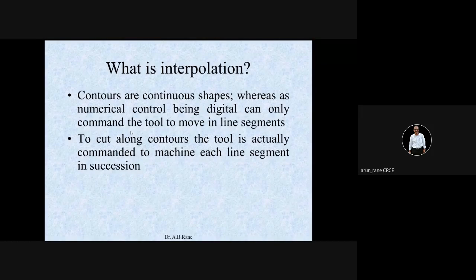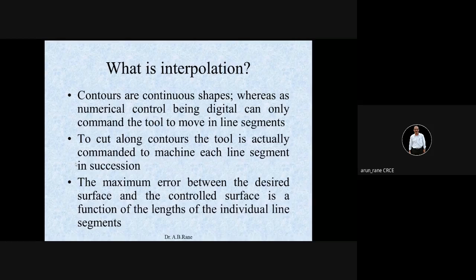I repeat, a common question which is always asked: the axis which is parallel to the spindle is called the Z axis, and the axes perpendicular to the Z axis are your X and Y. So interpolation is moving in a definite way with the prescribed velocity, and the error between the desired surface and the controlled surface is a function of the lengths of the individual line segments.